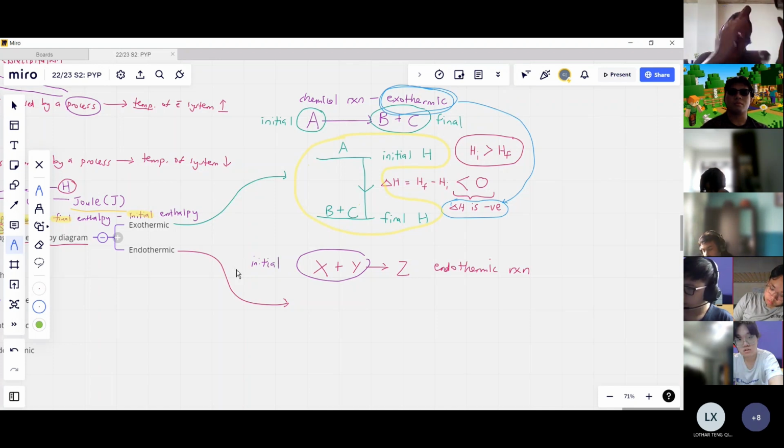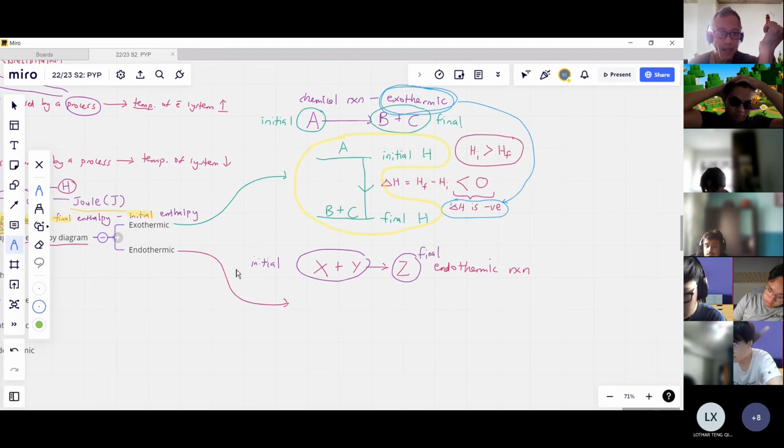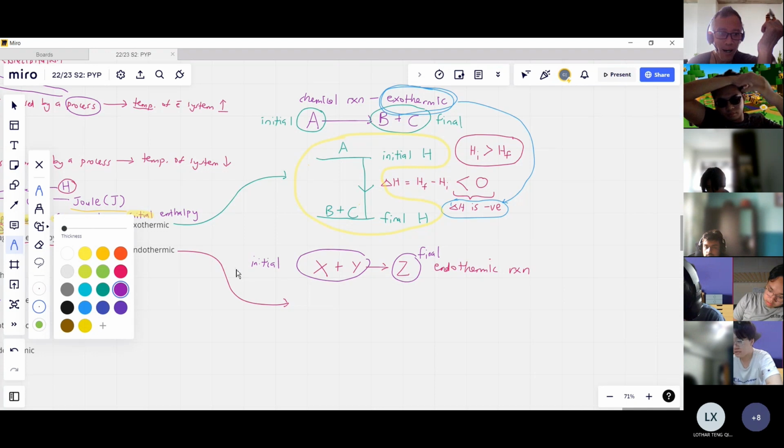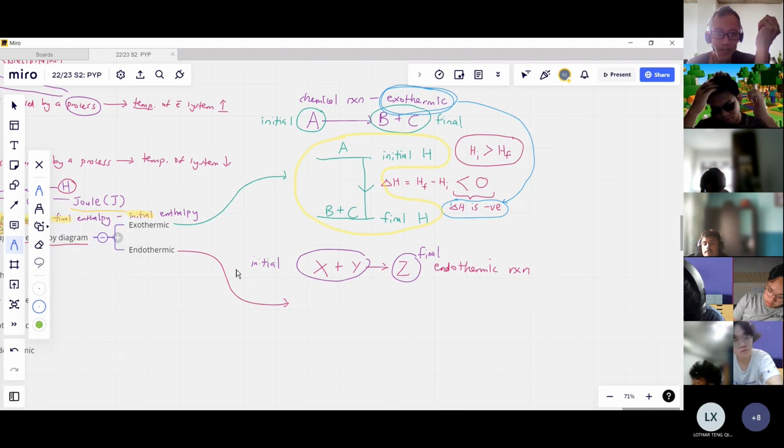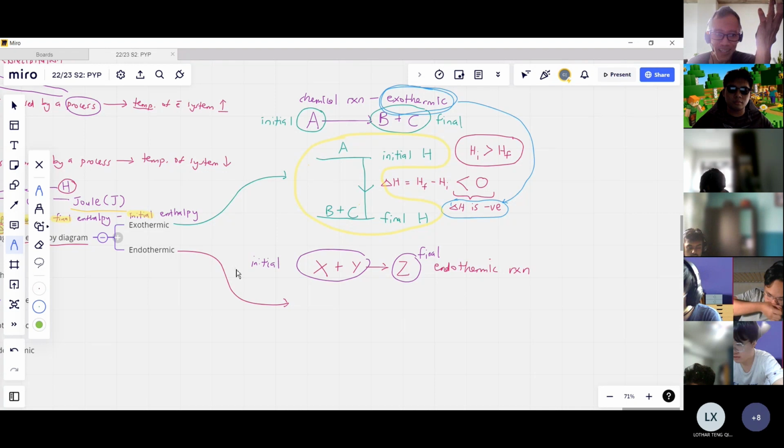Initial always refers to the left-hand side. So this will be my final. Just look at this again. This one is exothermic. I think most of you should figure out that the endothermic will be somewhat reverse. So how to reverse it? It is going to look like this.